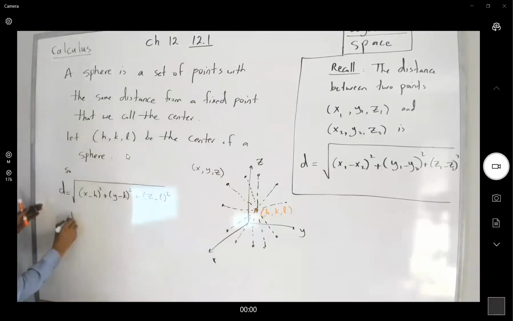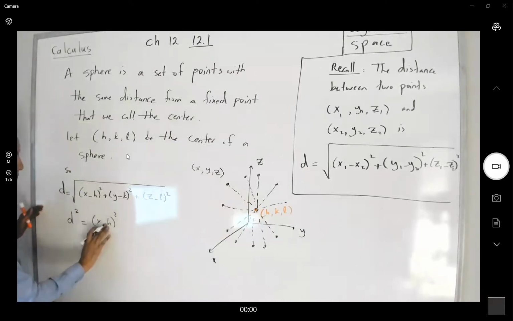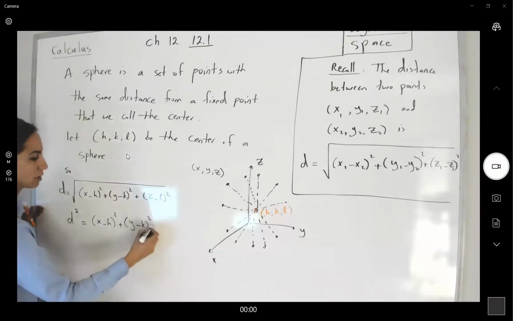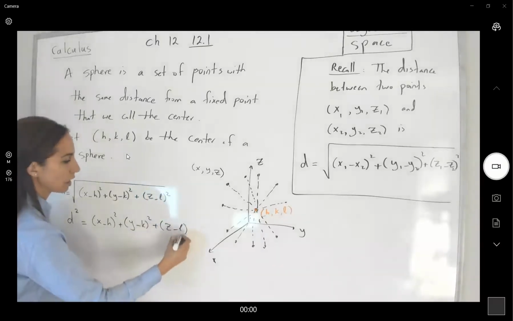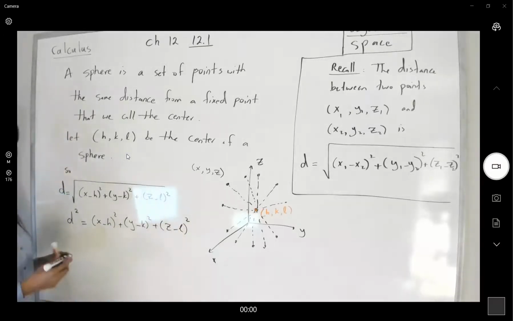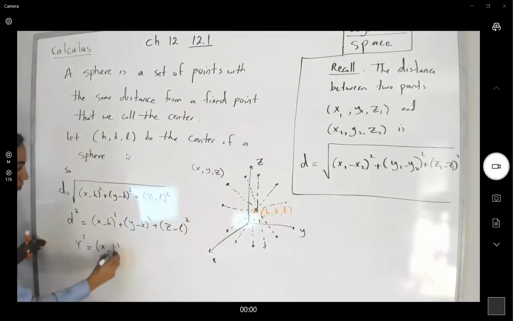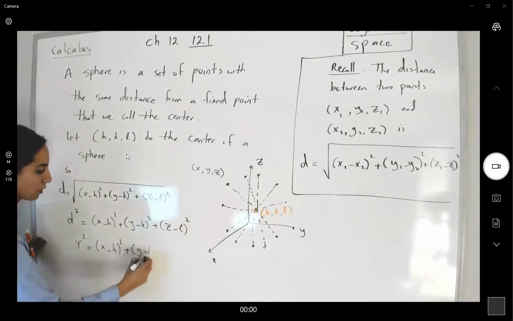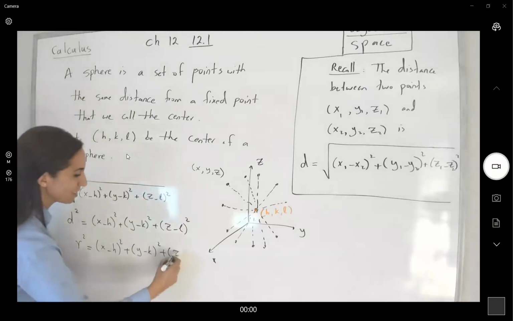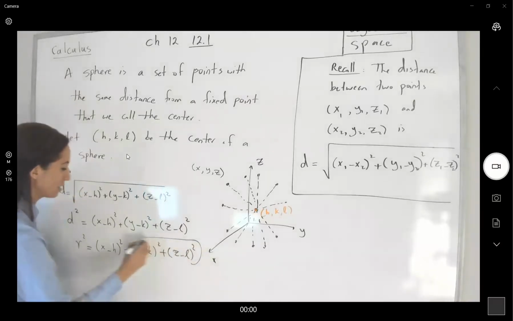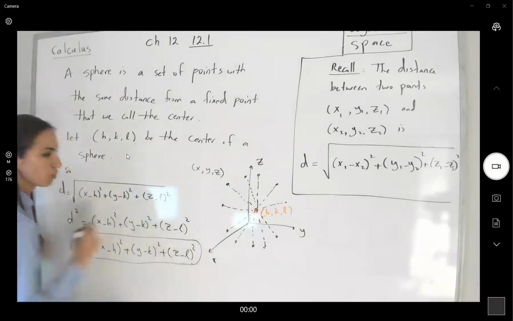It means that d squared is equal to x minus h squared plus y minus k squared plus z minus l squared. And we name this r, we say that r squared, the radius squared, is equal to x minus h squared plus y minus k squared plus z minus l squared. This is the formula for the sphere.